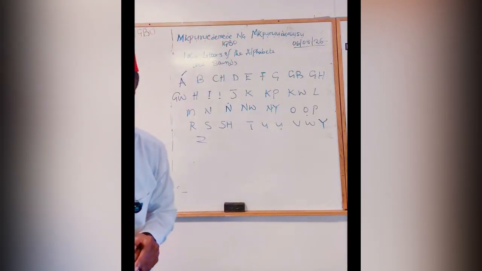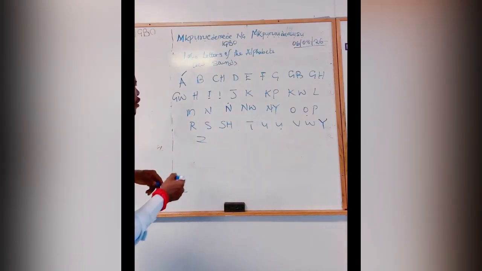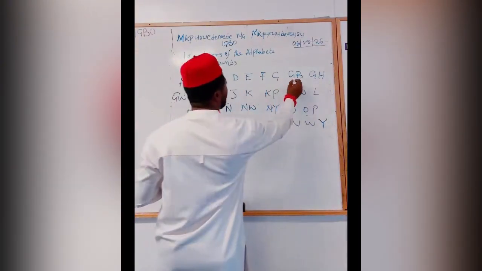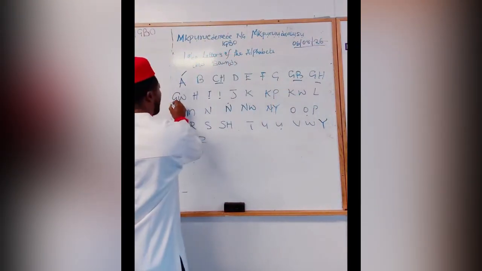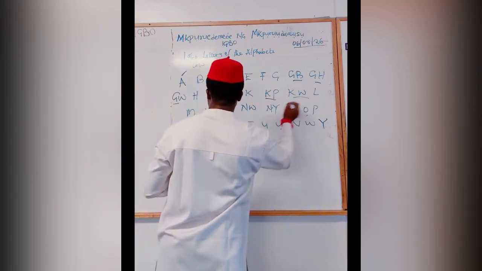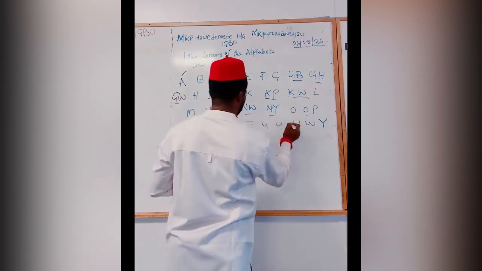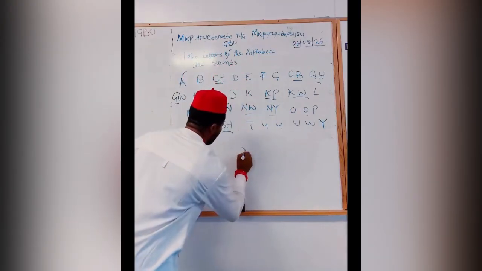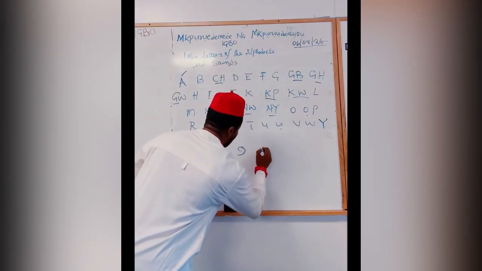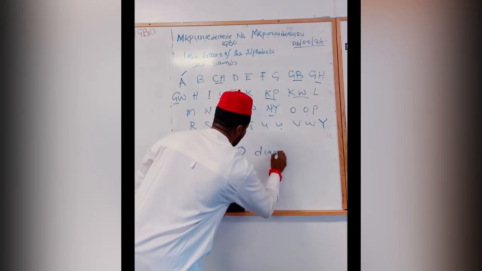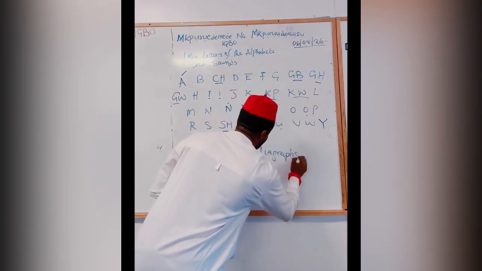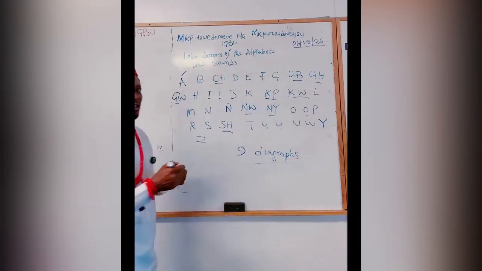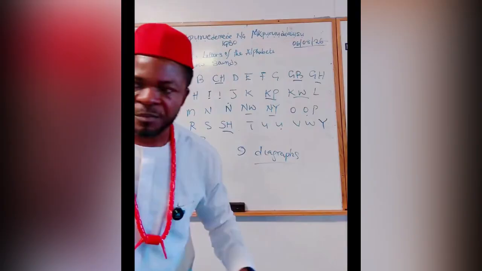Those that are double are 1, 2, 3, 4, 5, 6, 7, 8, 9. 9 digraphs. I want you to learn this term, digraphs.